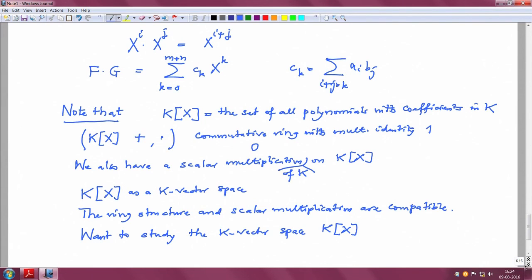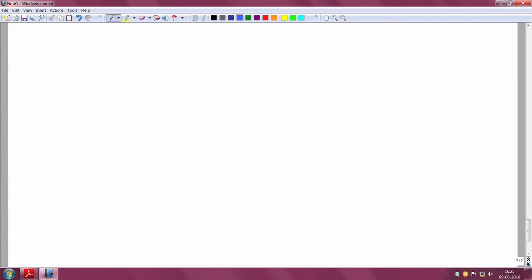Okay. And before I end with the polynomials, important things to note here, which I will assume without proof. This is exactly similar to that of the ring of integers.